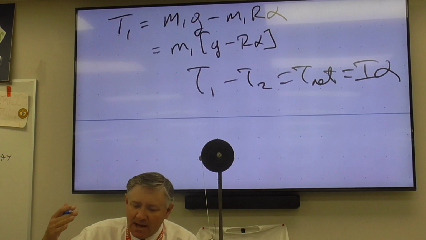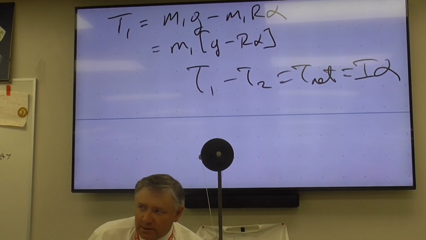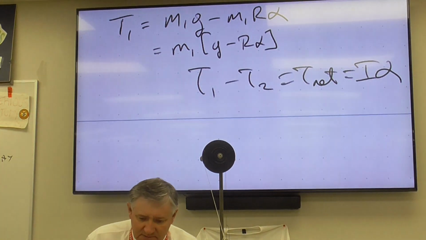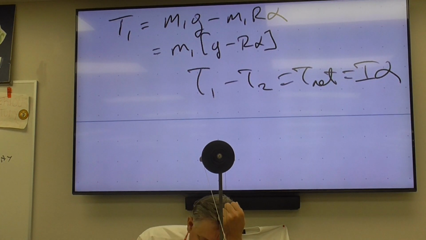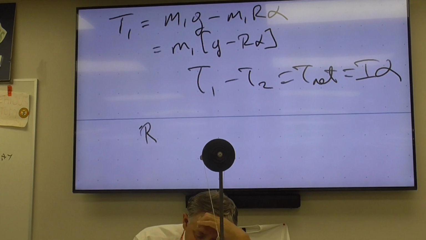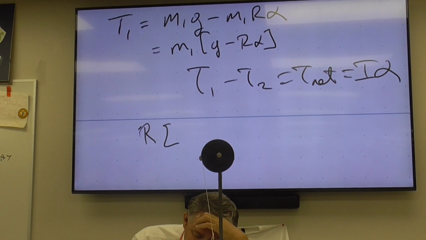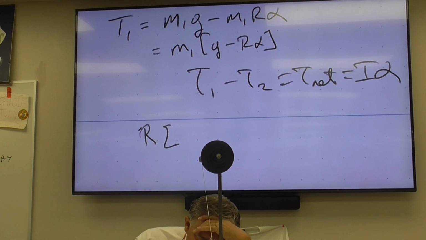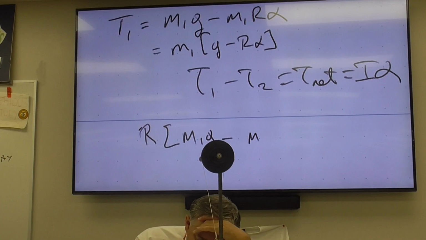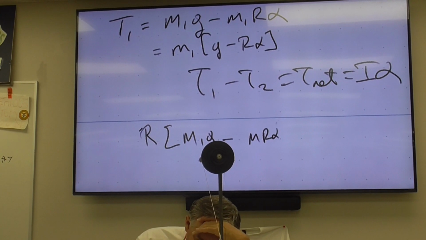Now, at the end of the day, how do you calculate torque? The tension times R, radius, right? So on that tension one, I'm going to write R times that radius. And then you can either do the factored out version or whatever. It's M1G minus MR alpha.